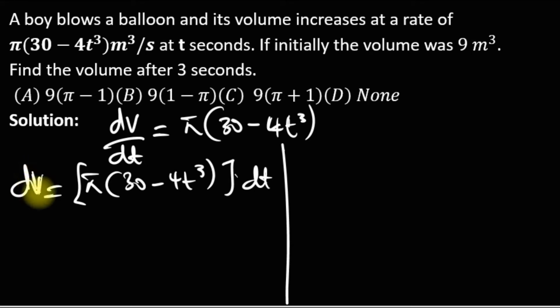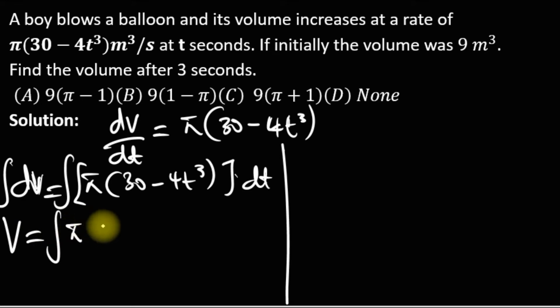So we now introduce the integral because we have to find the volume. So introducing the integral sign to both sides, we have V is now the integral of pi(30 minus 4t) raised to power 3 dt. So we now integrate.